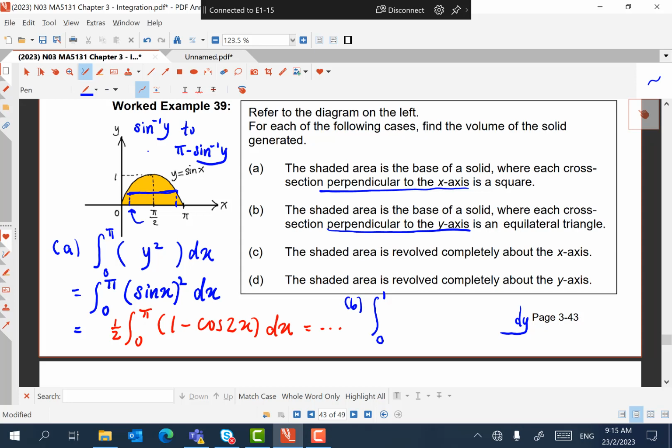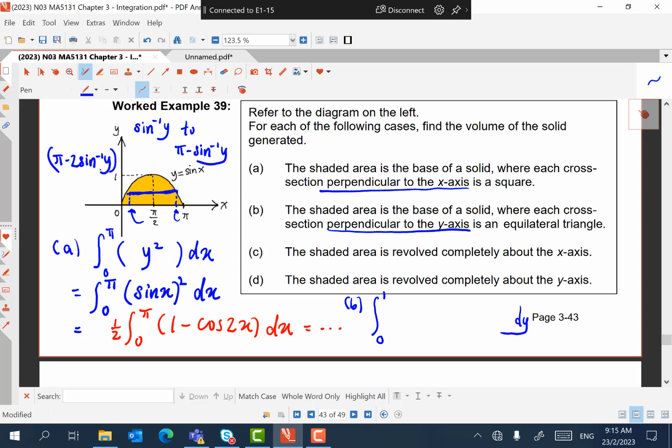So therefore, this length is equal to the one on the right minus the one on the left. So the length is going to be pi minus 2 sine inverse y, just the length of one side of the triangle.